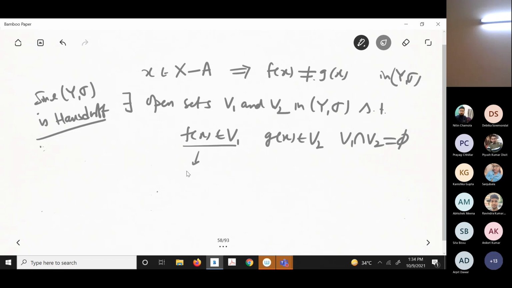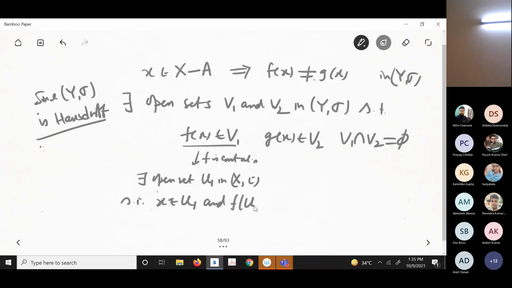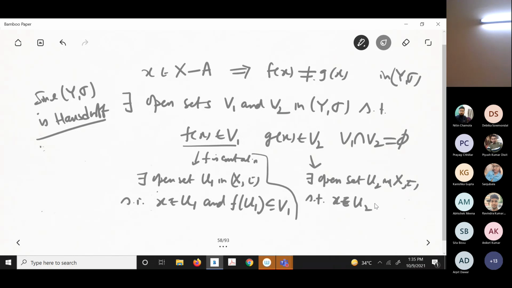Because of this, since f is continuous at x, there exists an open set U1 in X tau, a neighborhood, such that x belongs to U1 and f of U1 is contained in V1. Similarly, g is continuous, so there exists an open set U2 in X tau such that x belongs to U2 and g of U2 is contained in V2.